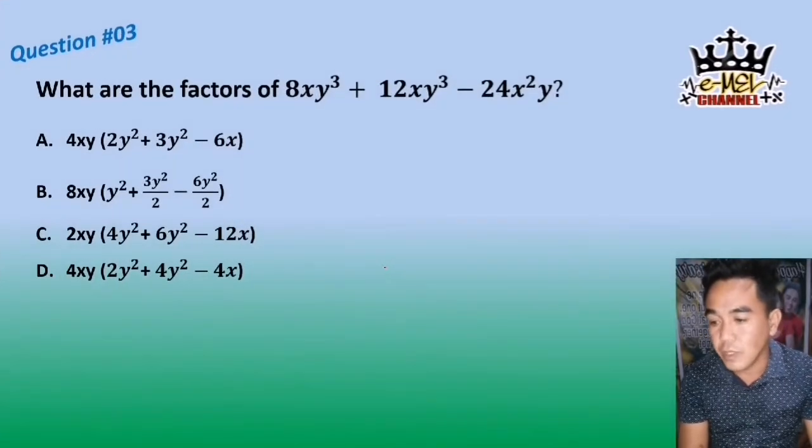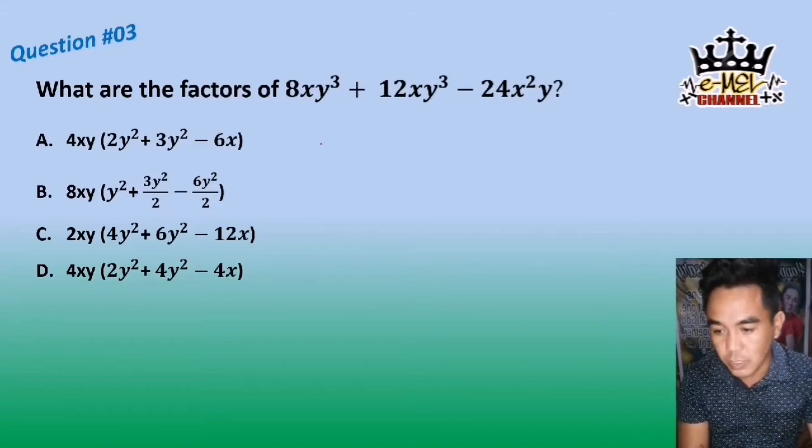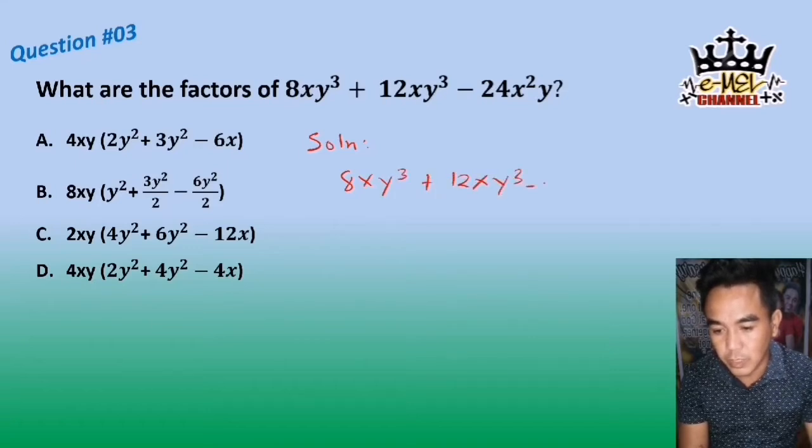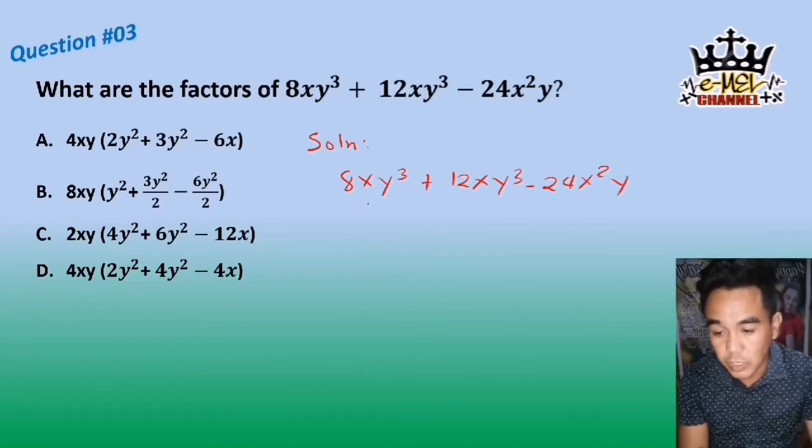Question number 3. What are the factors of 8xy cubed plus 12xy cubed minus 24x squared y? So the solution is, again, we're going to put all the given numbers or equation. So again, when we are trying to see the factors, let us try to evaluate all the terms.